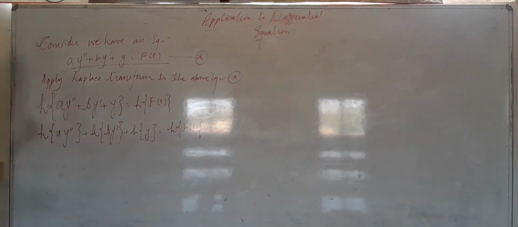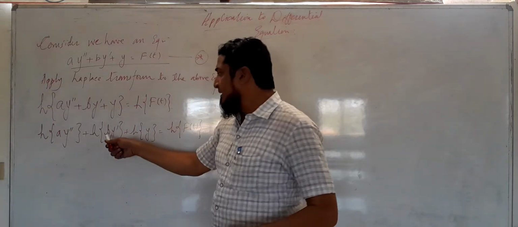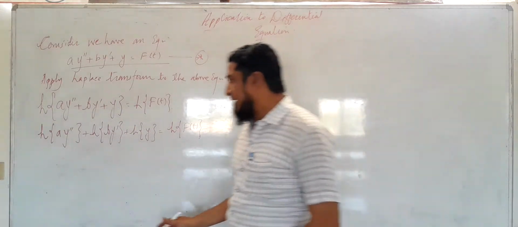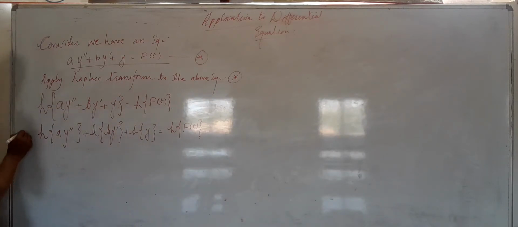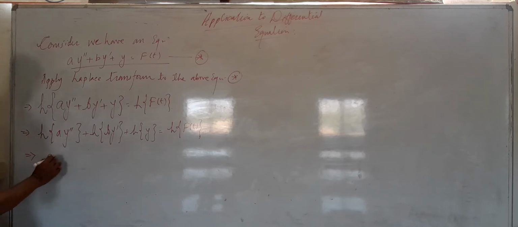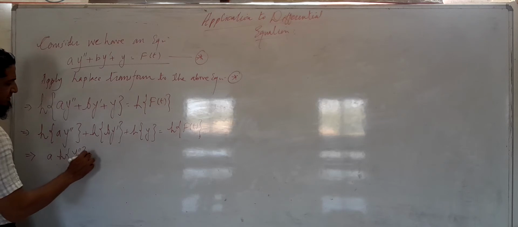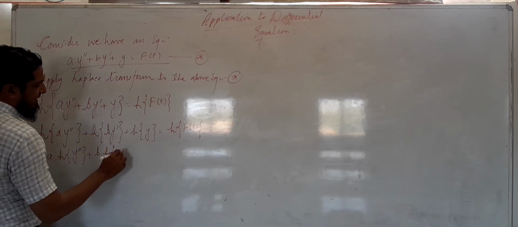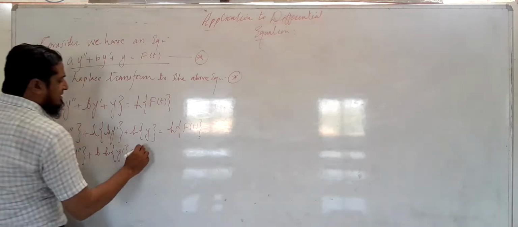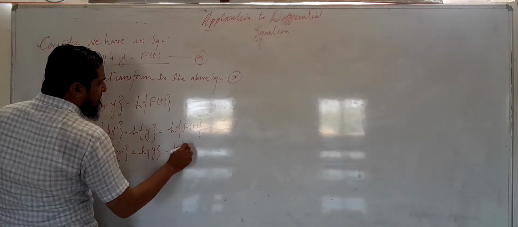Since a and b are constants, we can take them outside of the Laplace transform. So we will get a Laplace transform of y double dash, b Laplace transform of y dash, and Laplace transform of y as it is, and Laplace transform of f of t.